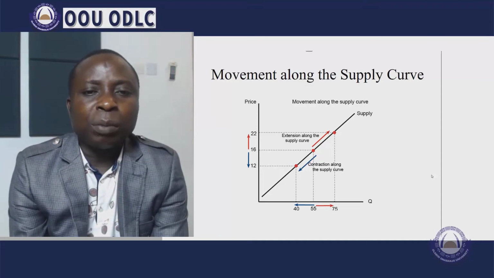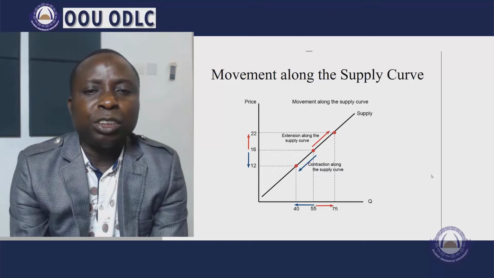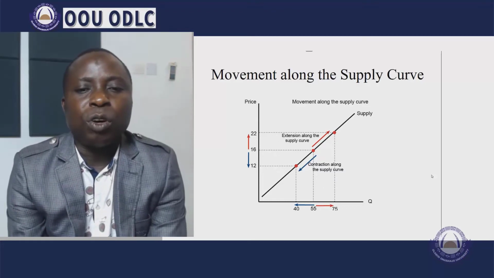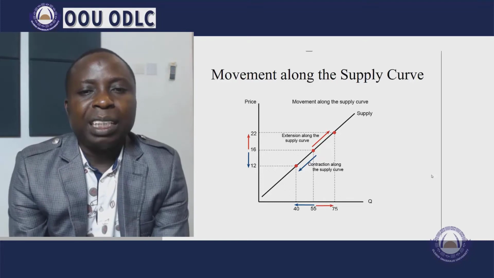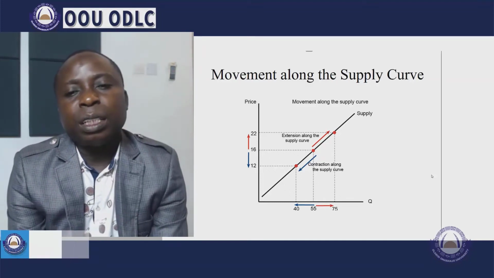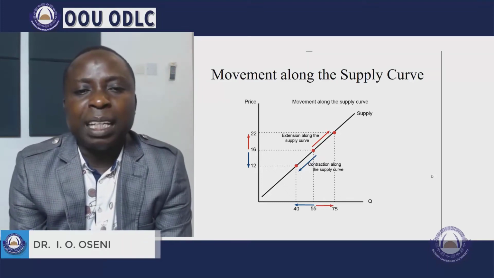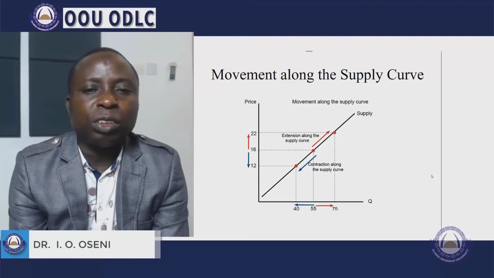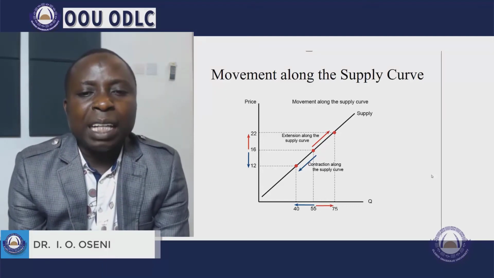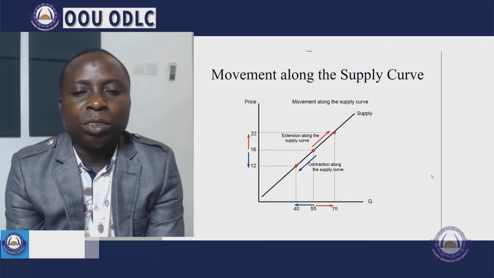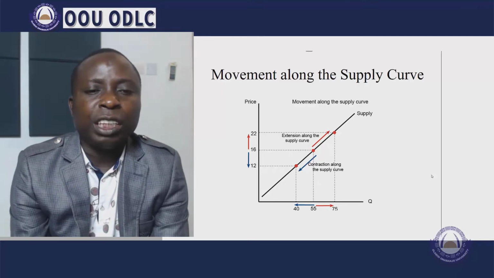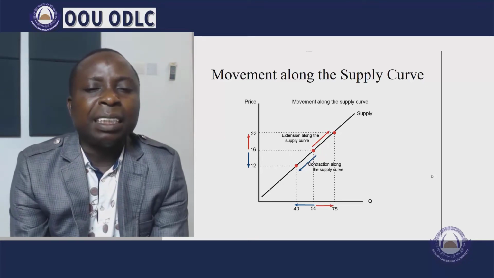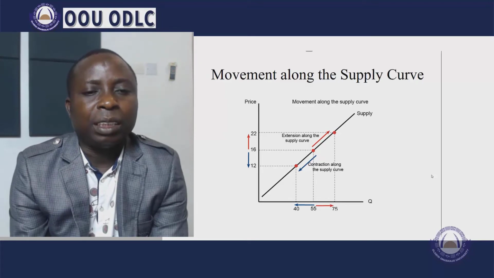The movement along the supply curve can either be extension along the supply curve or contraction along the supply curve. The red arrow represents extension along the supply curve, while the blue arrow represents contraction along the supply curve. And all this is as a result of changes in the price of goods and services.